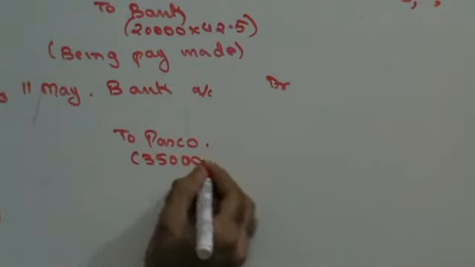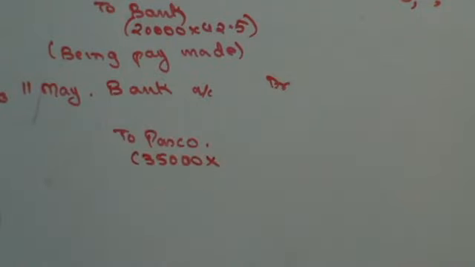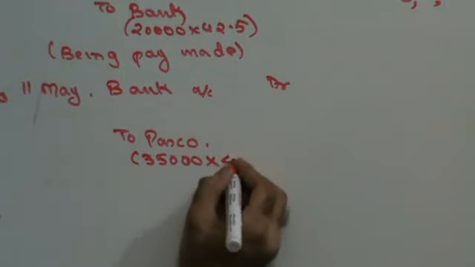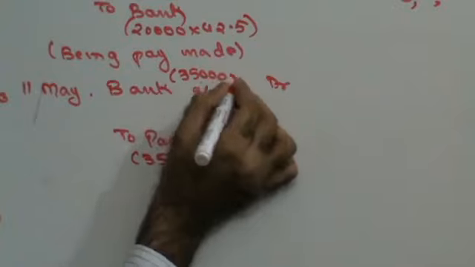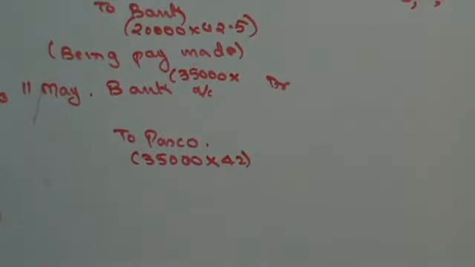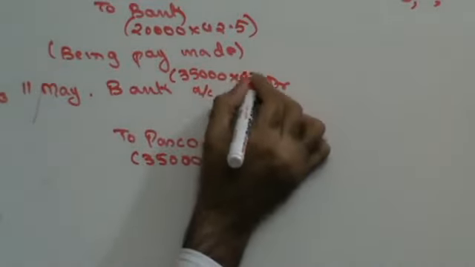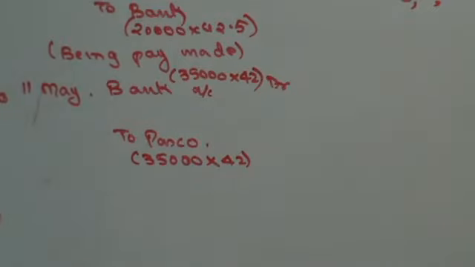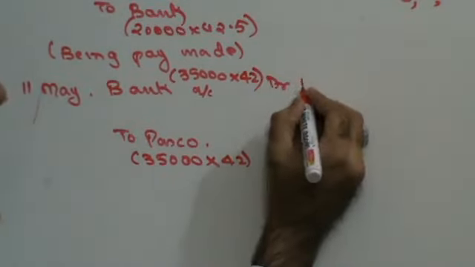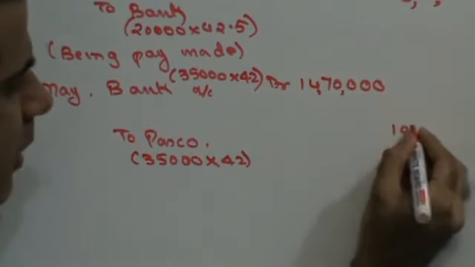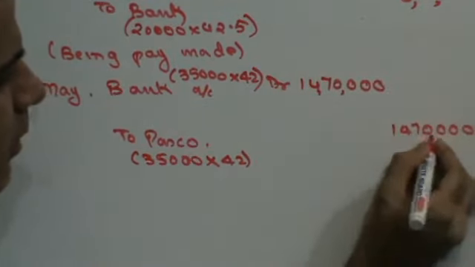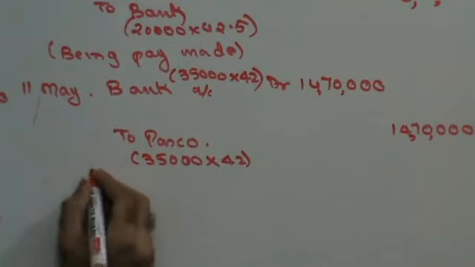You've done the rate change entry, that means you have to consider the 31st March rate, which is 42. And on the date of payment, on 11th May, the dollar rate was 42. So it's going to be the same. Can you see this? 35,000, how much? 14 lakh 70, 14,70,000. There's going to be no exchange difference here.